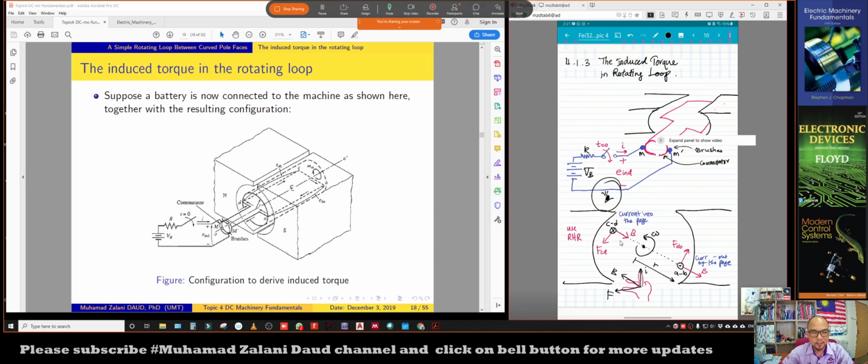When we supply the current, in the CD segment here the current is into the page.